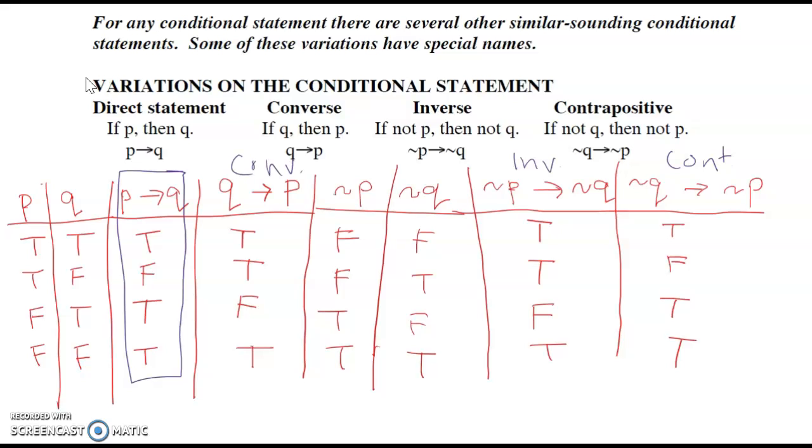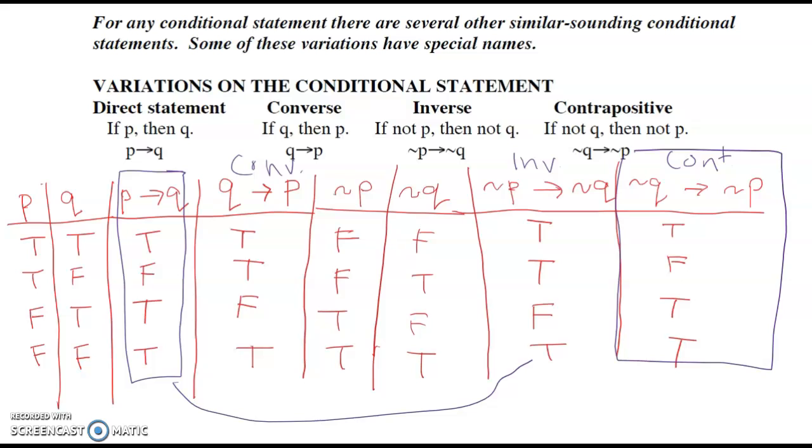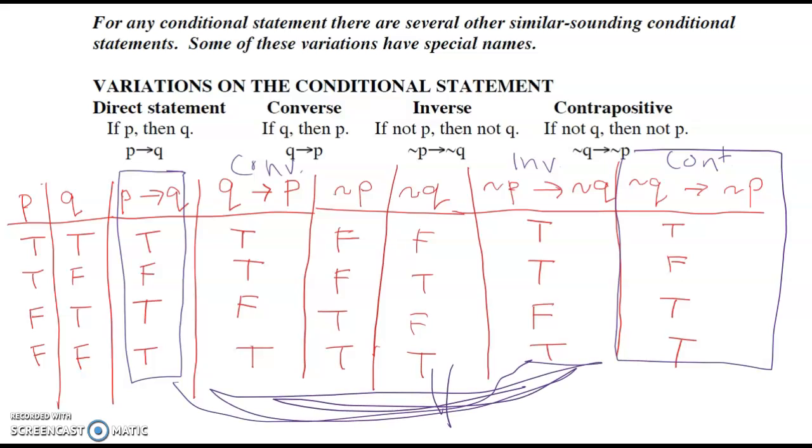Take a look, and what results ended up being the same? The converse, TTFT, is not the same as the direct statement, TFTT. But now take a look at the contrapositive, TFTT. So these two are identical.